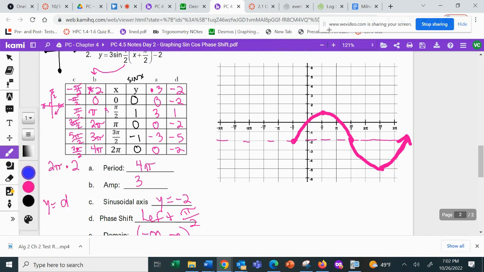So here I'm at a mountain. After a mountain, I go valley and I go all the way down to -5 and I go 2 blocks horizontally. 2 more blocks horizontally and I'm at the midline. 2 more blocks horizontally and I'm all the way up at 1. So you need to connect until you're off the graph to show me that you can continue this pattern correctly.